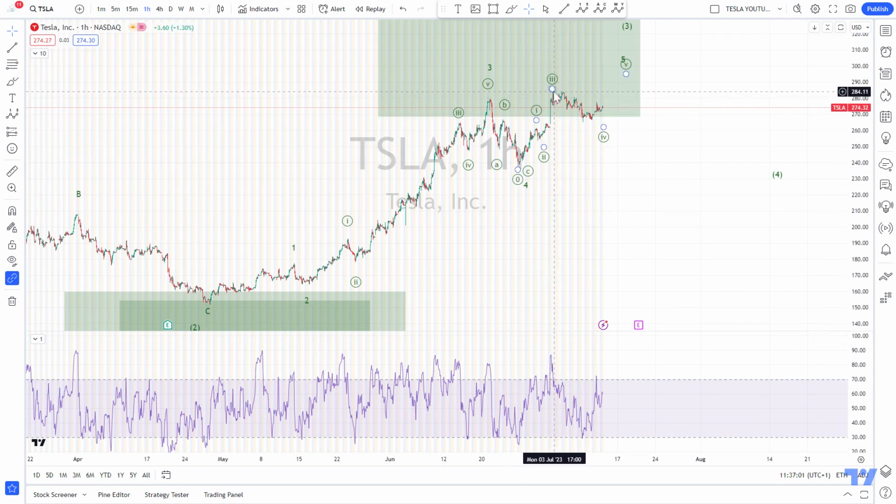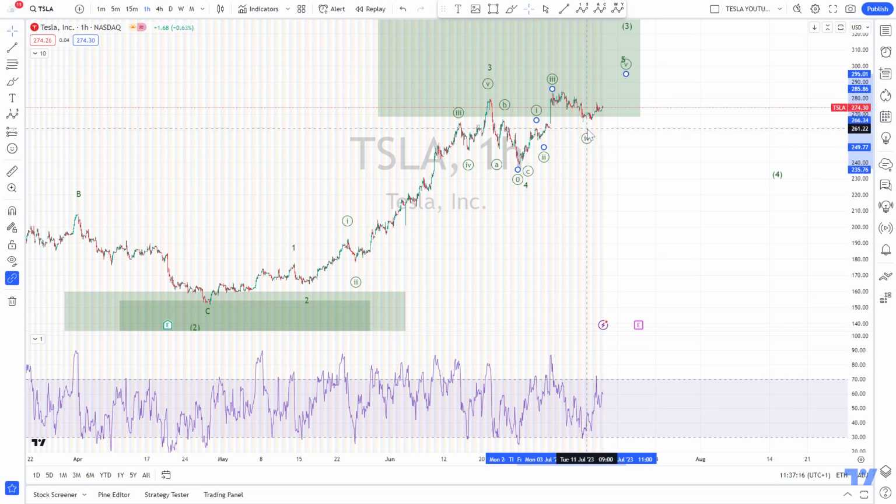This looks like a wave 3 to me, and an impulse up should end with the wave 5 with divergence, and this is not what I see here. So my expectation now is that we are doing something like this.